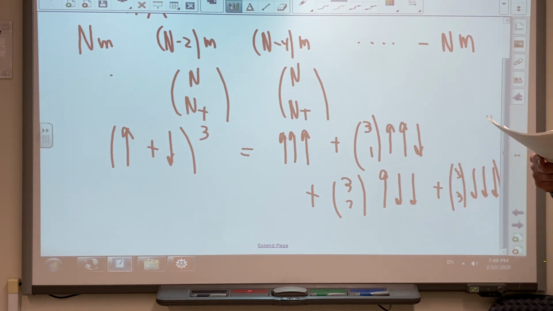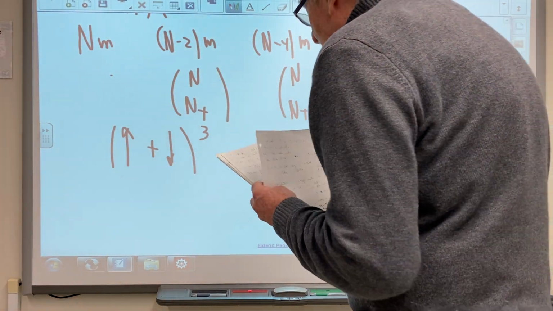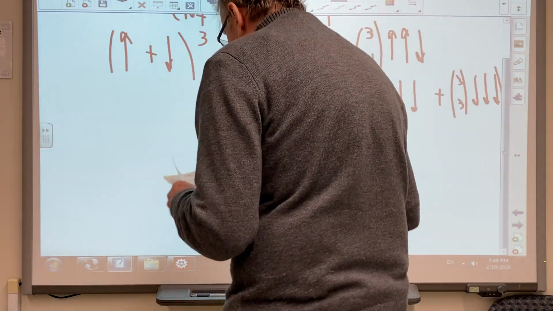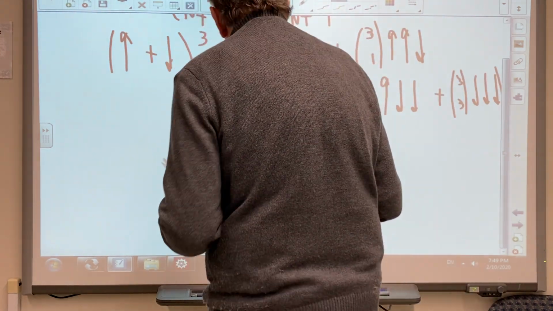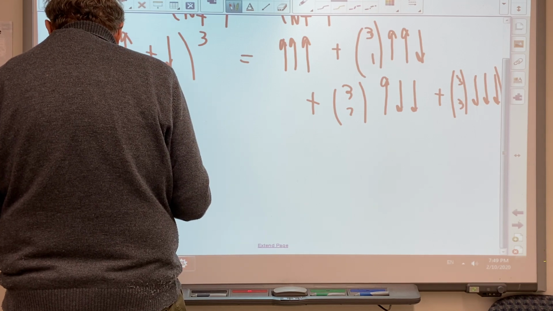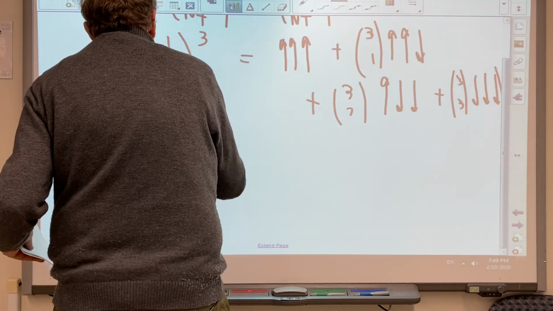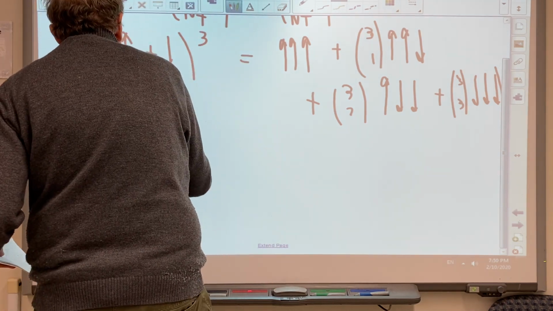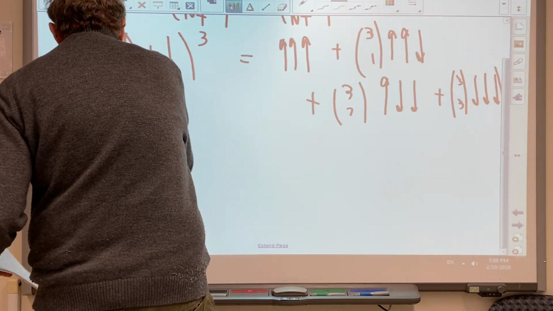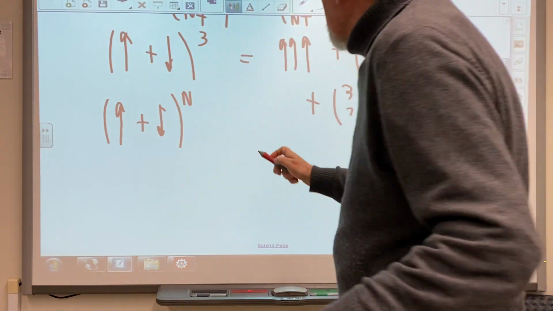So you can see immediately that if you want to write it in a compact way, imagine that instead of just 3 spins, I have n spins, where n is some very big number.